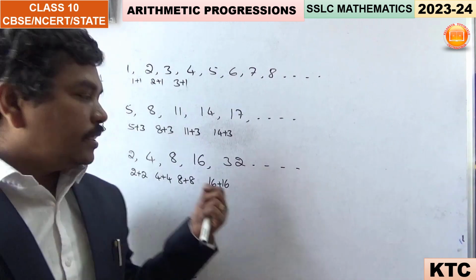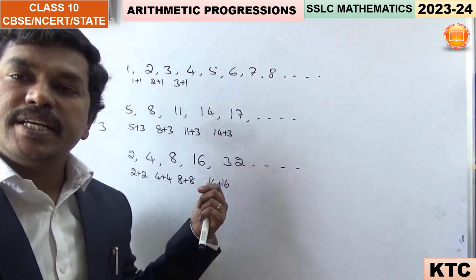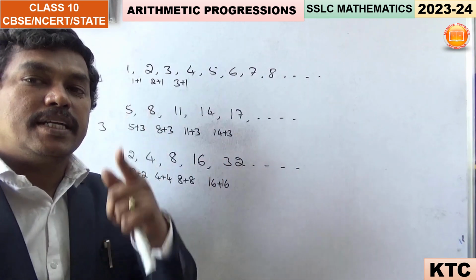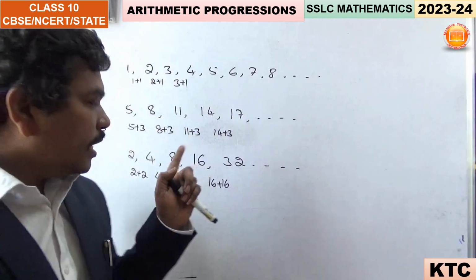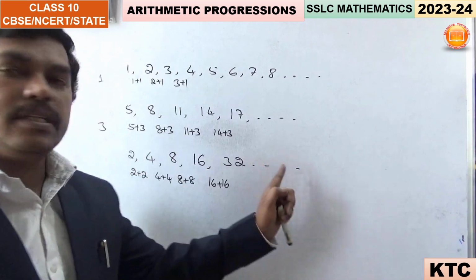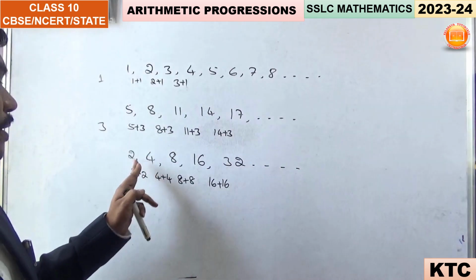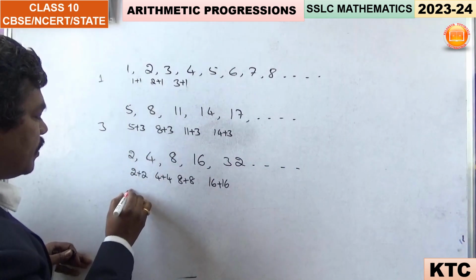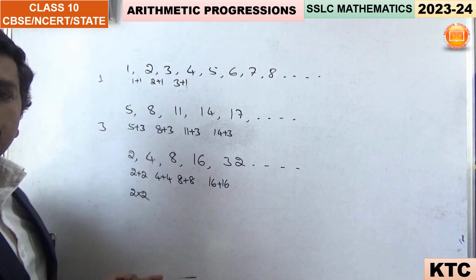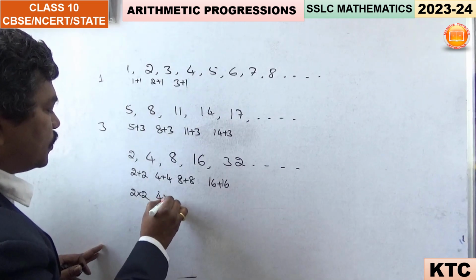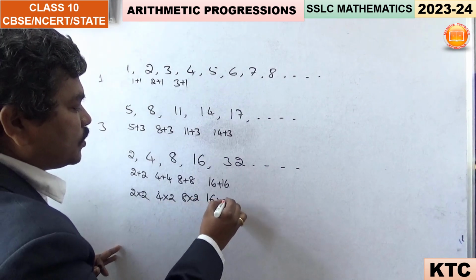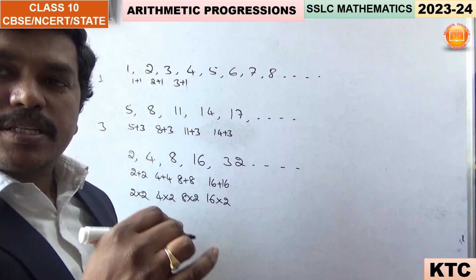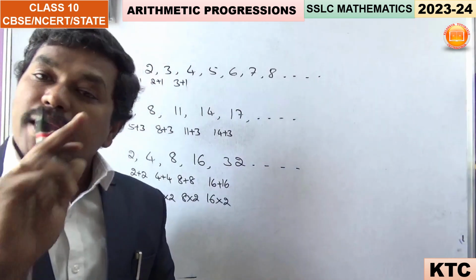This is the difference between these series, and you have to identify which one is the arithmetic progression. Here you get the next numbers by multiplying. For 2, we multiply by 2: 2 twos are 4, 4 twos are 8, 8 twos are 16, and 16 twos are 32. Here also there is a fixed number, but you have to multiply by it.